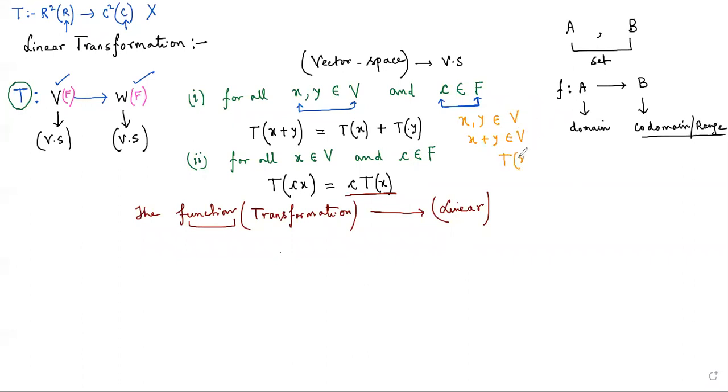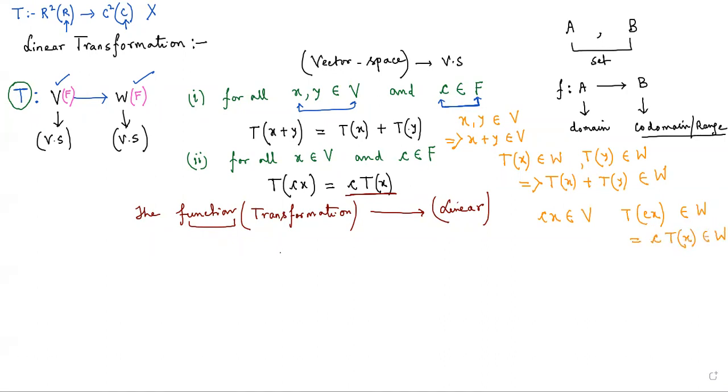But remember that Tx is an element of W, Ty is an element of W, and since W is also a vector space, Tx plus Ty also belongs to W. And since V is a vector space, cx belongs to V. Remember that T(cx) will belong to W. And T(cx) is the same as c times Tx, so that is also an element of W.